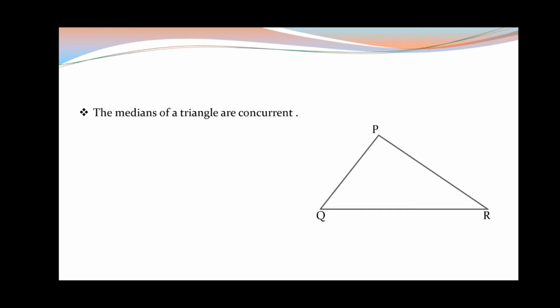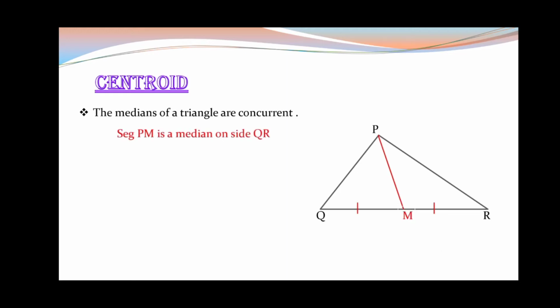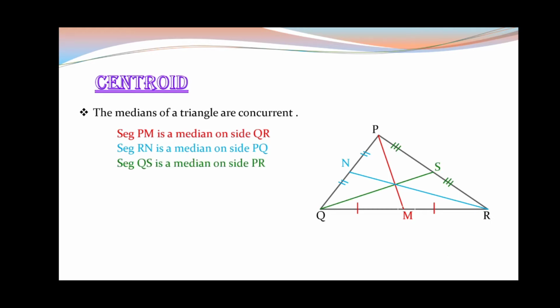As we know, the triangle is made up of three vertices, and hence the medians can be drawn from all the three vertices. Segment PM is a median onto side QR, therefore QM is equal to MR. Segment RN is drawn onto the side PQ, therefore PN is equal to QN.